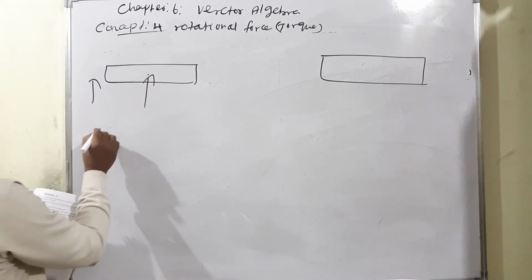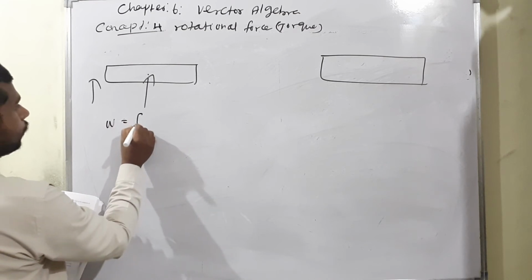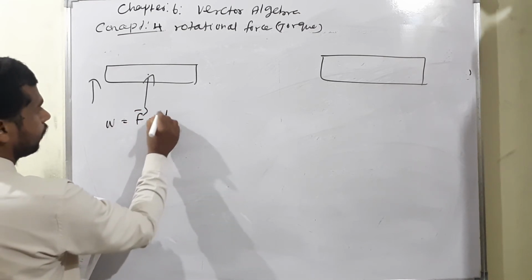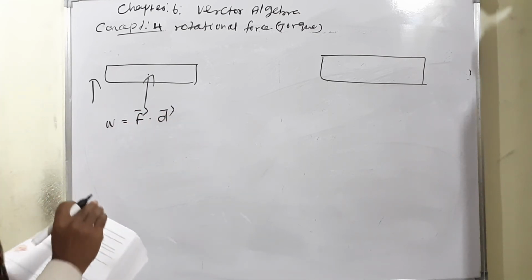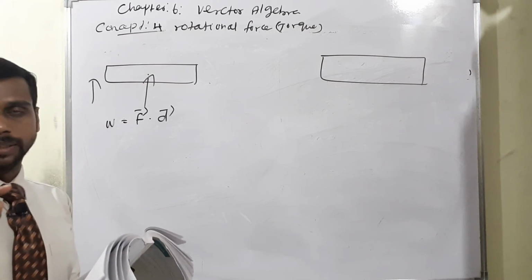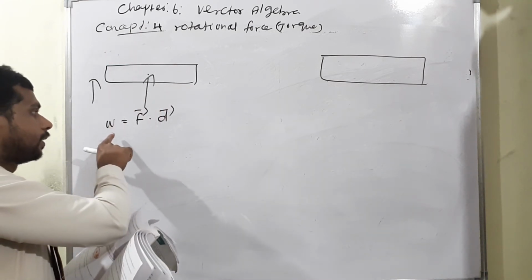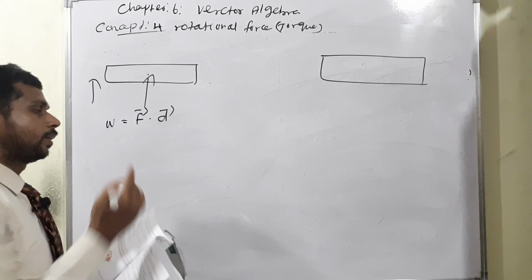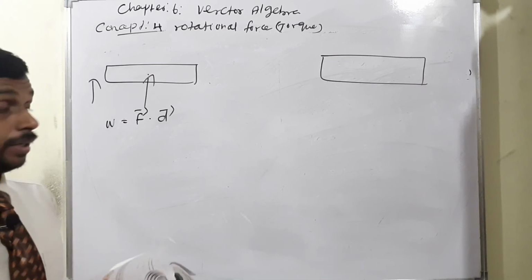So work done, W, is equal to F vector dot D vector.